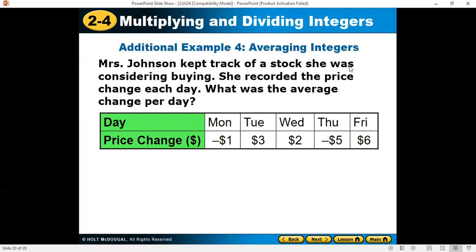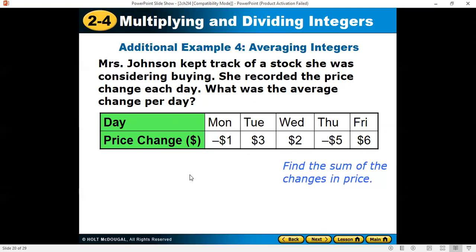What was the average change per day? On Monday, the price change was negative $1. Tuesday was 3. Wednesday was 2. Thursday was negative 5. And Friday was 6. What is the meaning of average change?